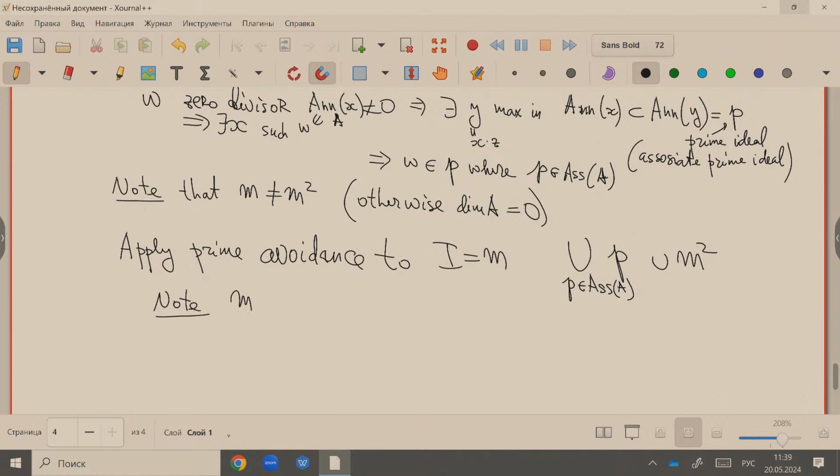So M is of course not contained in M squared, and if M is contained in P for some P, this is not possible, so this will imply that M is equal to P.